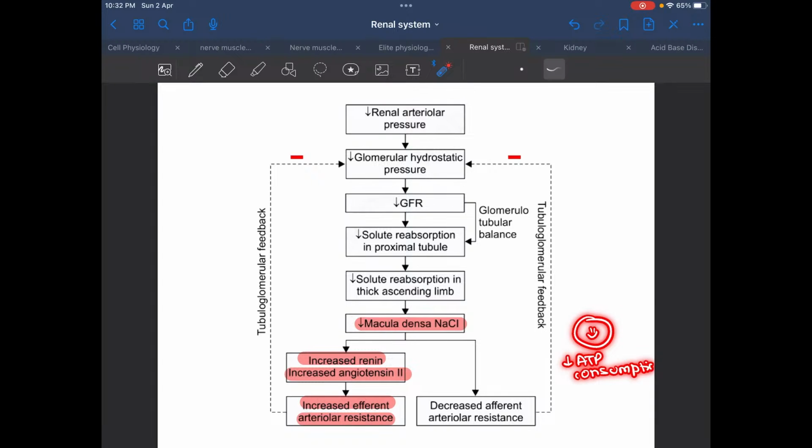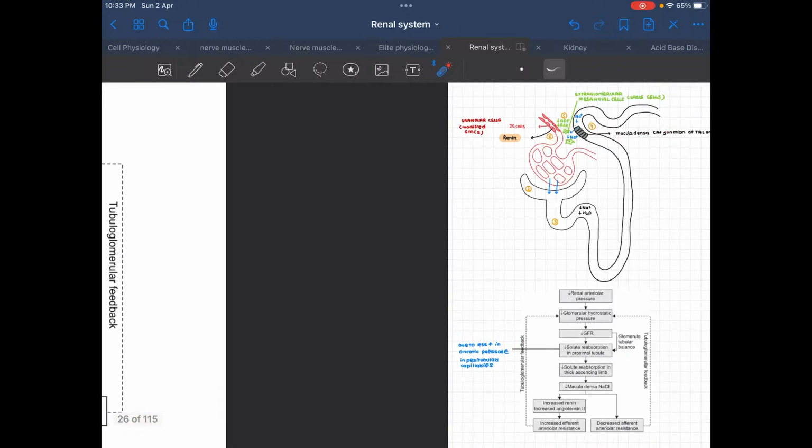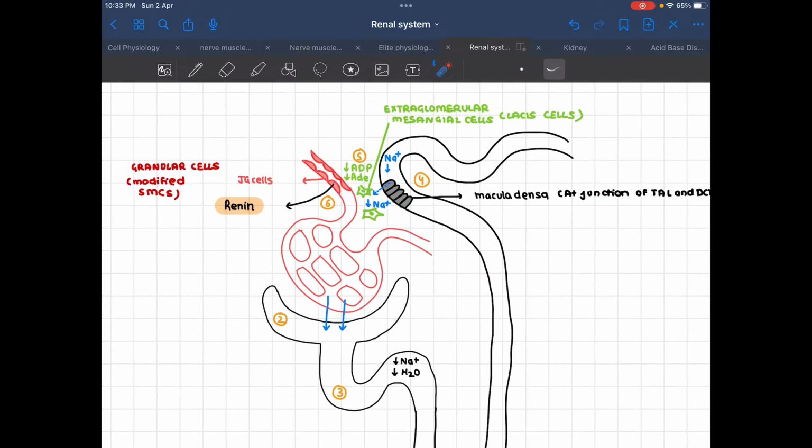This decreased ATP consumption means that the substrates ATP breaks down to, adenosine and ADP, will decrease. So adenosine and ADP levels will decrease. Let's see this diagram. You have the JG cells over here, and the JG cells have receptors for adenosine and ADP: the P2Y receptor for ADP and the A1 receptor for adenosine.